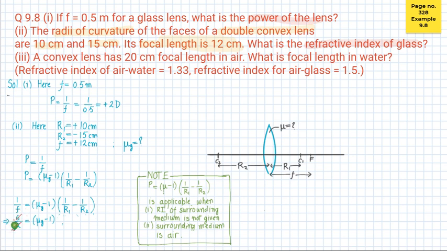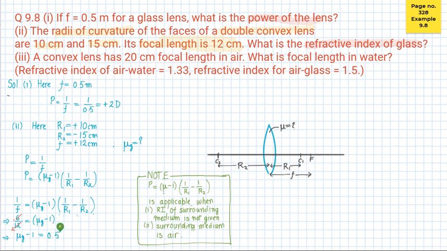So what I'm left with? 1 by 2. Or I can write mu g minus 1 equals to 1 upon 2. Now 1 upon 2 you know is how much? 0.5. So instead of writing 1 upon 2, I'll write down 0.5.